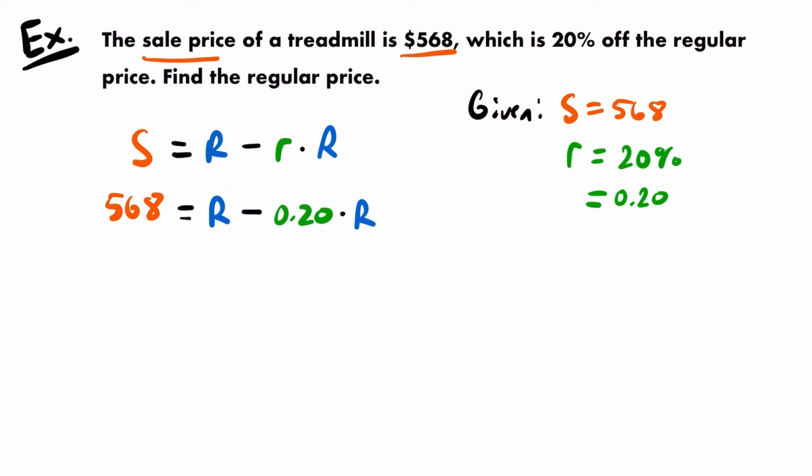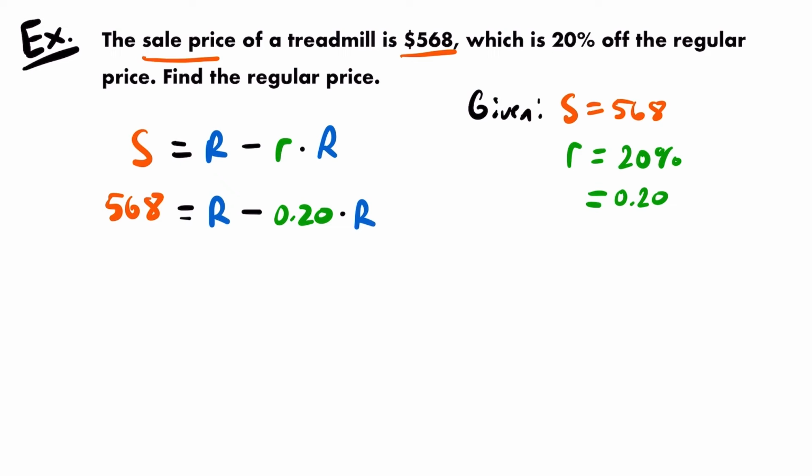And the first thing I notice here is that we do have two like terms, right? We have this term involving the variable r and this term involving the variable r. Those two terms have the same variable part, so they are like terms that can be combined by adding their coefficients. In particular, the coefficient of this r is 1, and the coefficient of this r is negative 0.2.